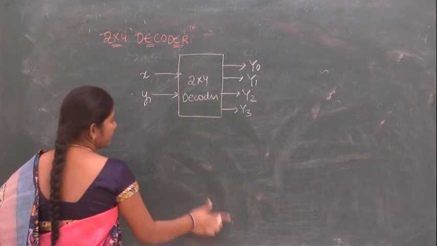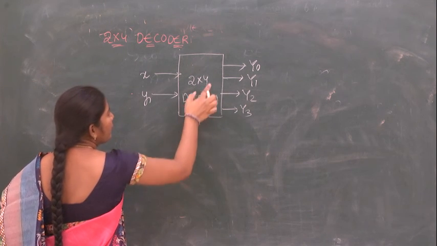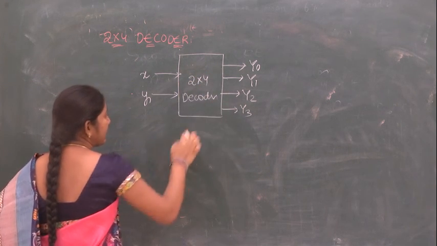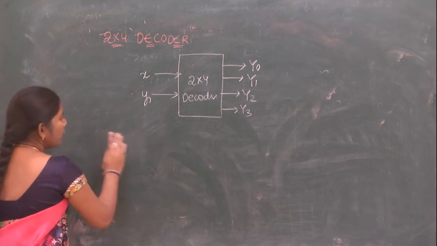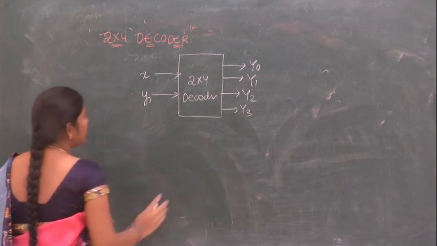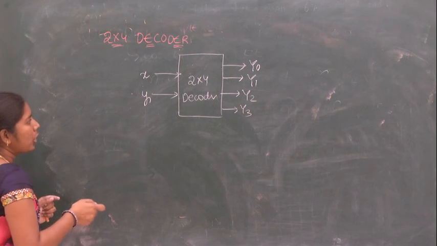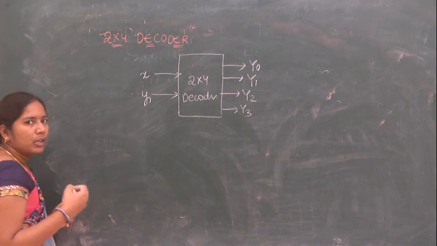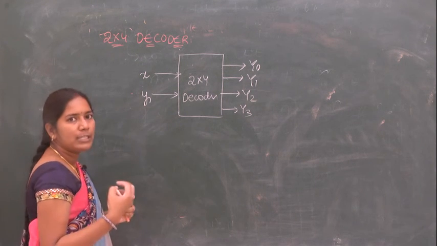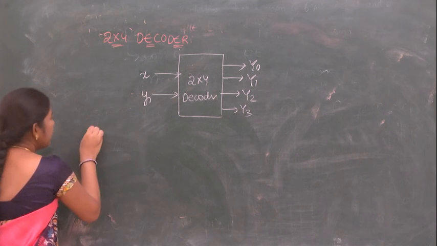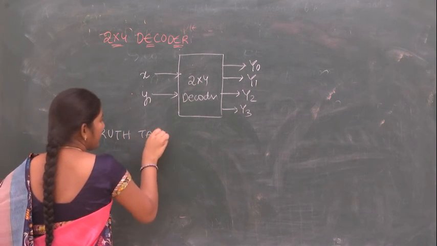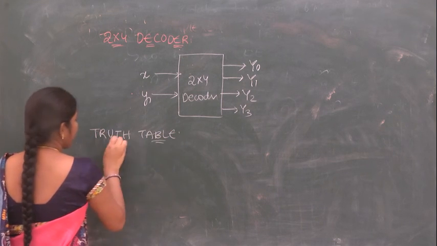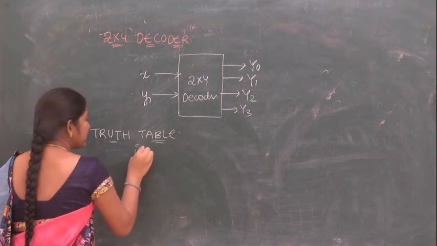Now we need to find what is the logic diagram which exists in this block. To find the logic diagram, first we need to know the logic expression. To get the logic expression, we need to develop a truth table. So I'm developing the truth table here with inputs.